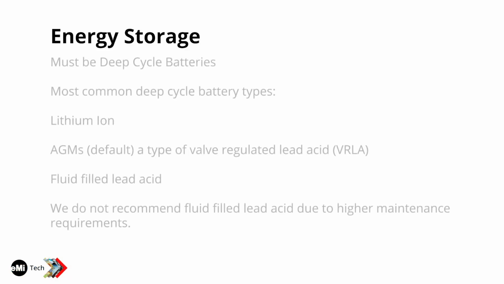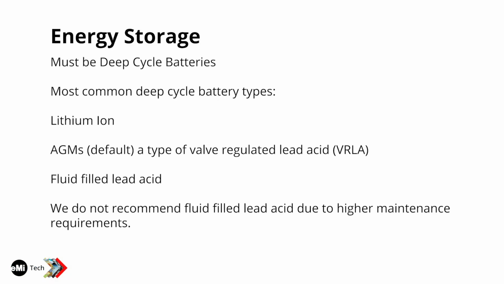So energy storage, I'm not going to go into a lot of detail, but it has to be a deep cycle battery. You don't just buy car batteries. This is a special type of battery that has to be able to take these slow but deep charge cycles. And those typically are lithium-ion, AGMs, absorbent glass mat, which is a type of valve-regulated lead acid, and then fluid-filled lead acid.